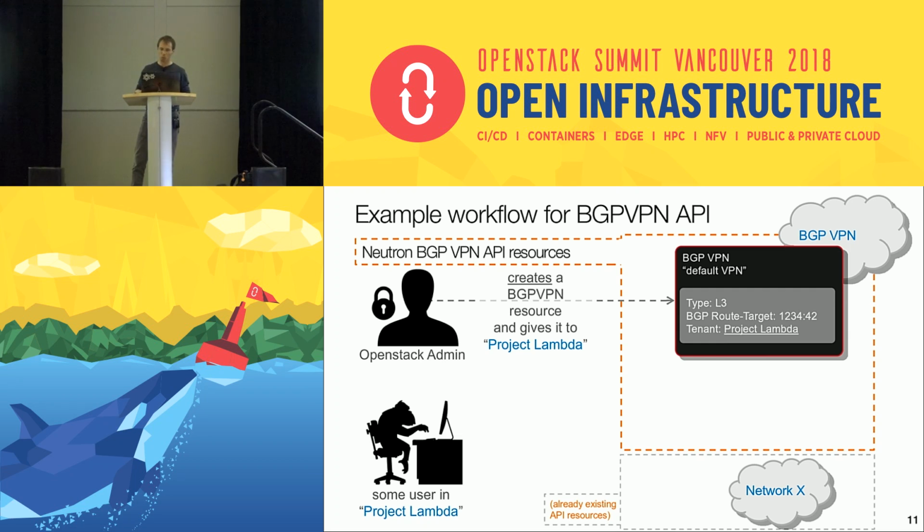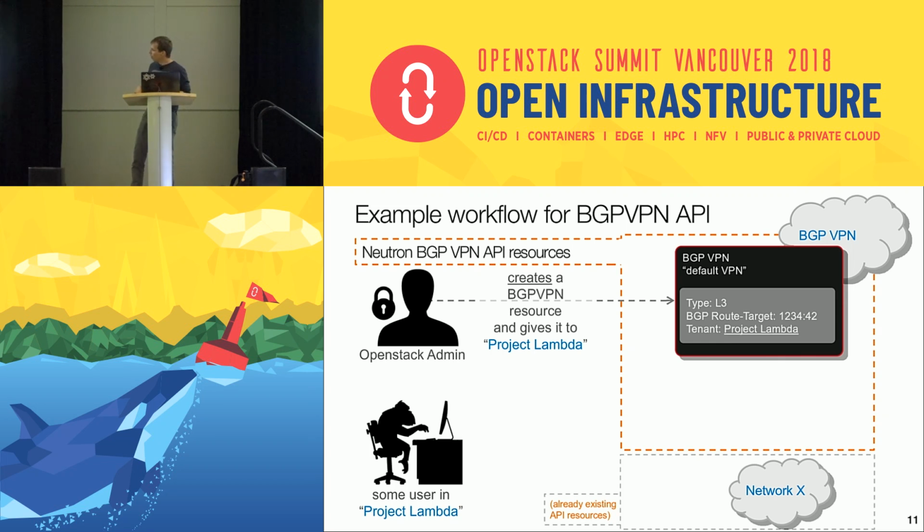The VPN identifier will be a read-only property for tenants. So here, the OpenStack admin has created a VPN. That's an API construct corresponding to a BGP VPN that's in the WAN, or perhaps between two data centers, for a tenant project Lambda.